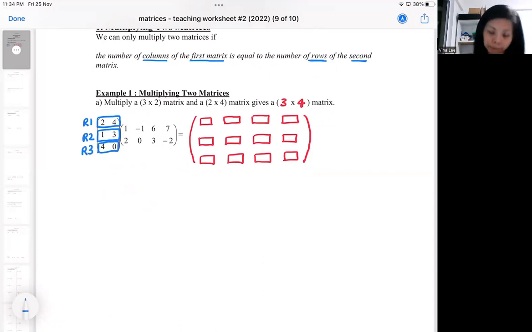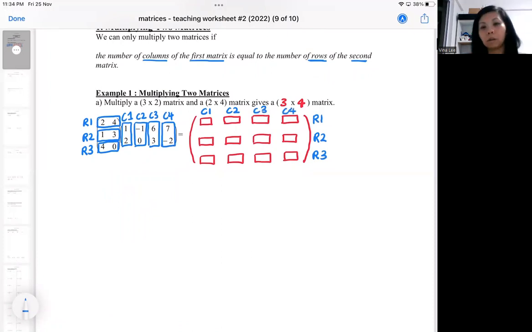From the second matrix, we will use the columns: this is column 1, column 2, column 3, and column 4.